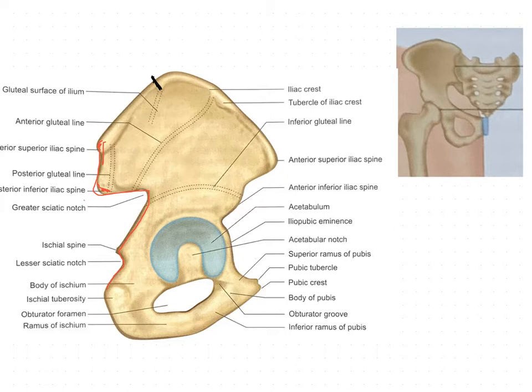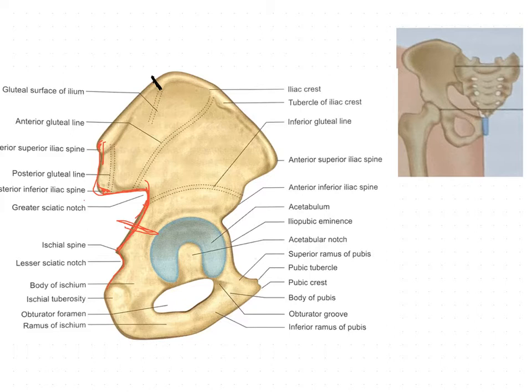Still lower, the posterior border is marked by a large deep notch called the greater sciatic notch. So this is the posterior border of the ilium. Here the posterior border ends at the acetabulum itself. Next, it is taken over by the ischium on the posterior aspect.